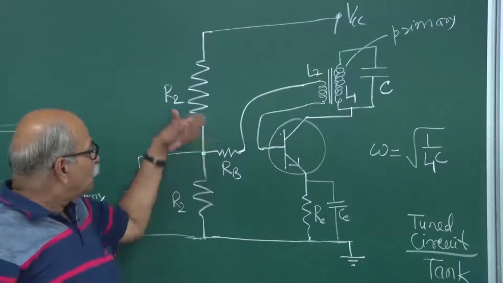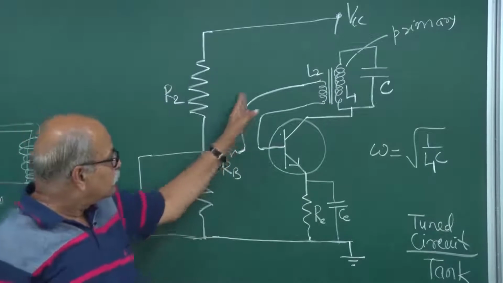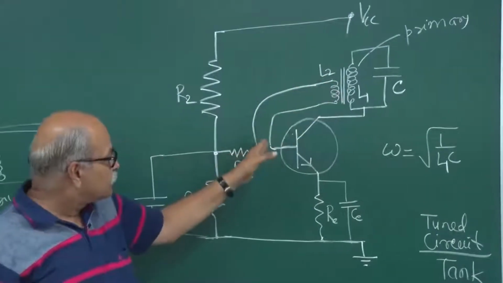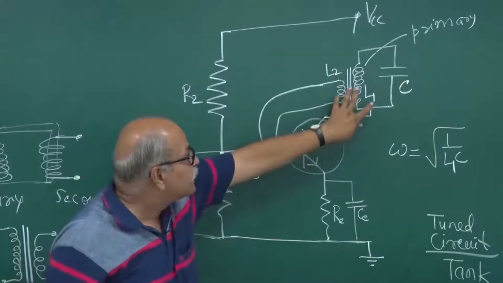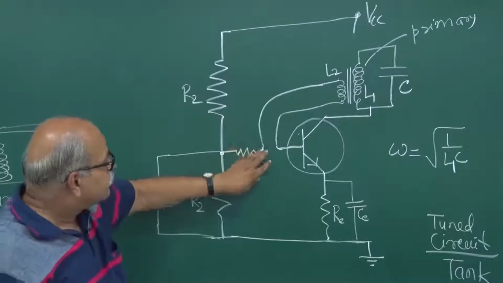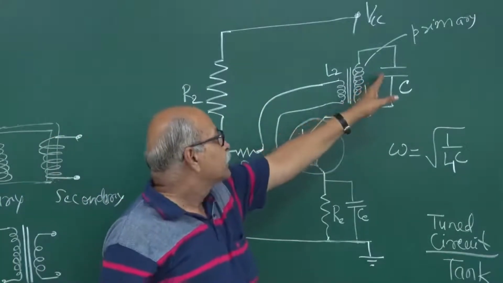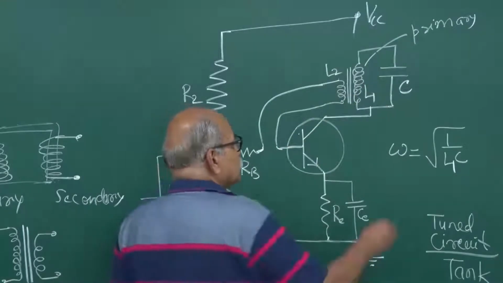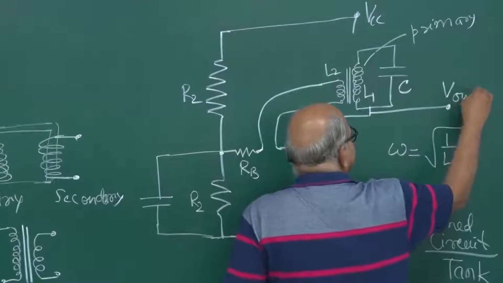So whatever was going through this biasing to the base, in the path we have connected this. So part of this output which is generated, this amplified thing which is generated, is taken into this base circuit. So if you look at this, you can use your output also. You can use your output from here, V out.